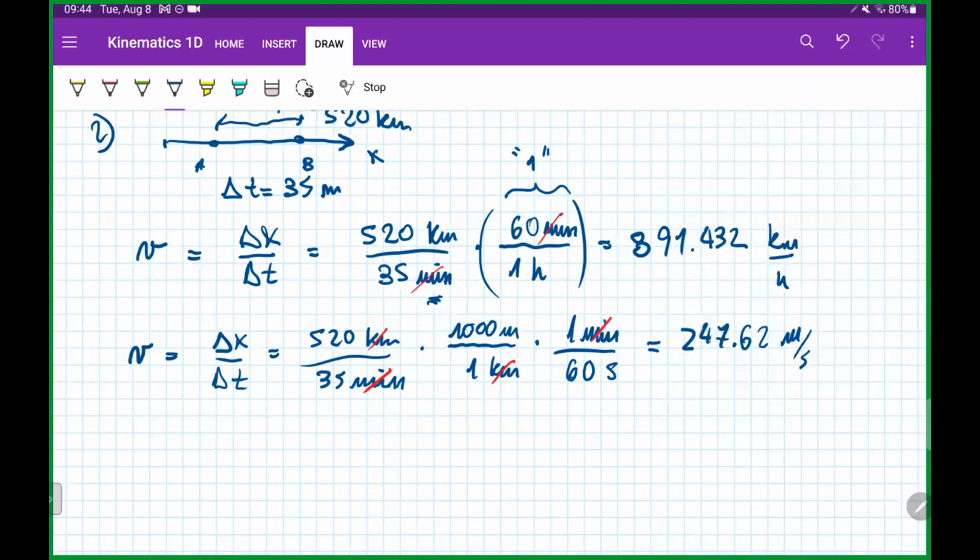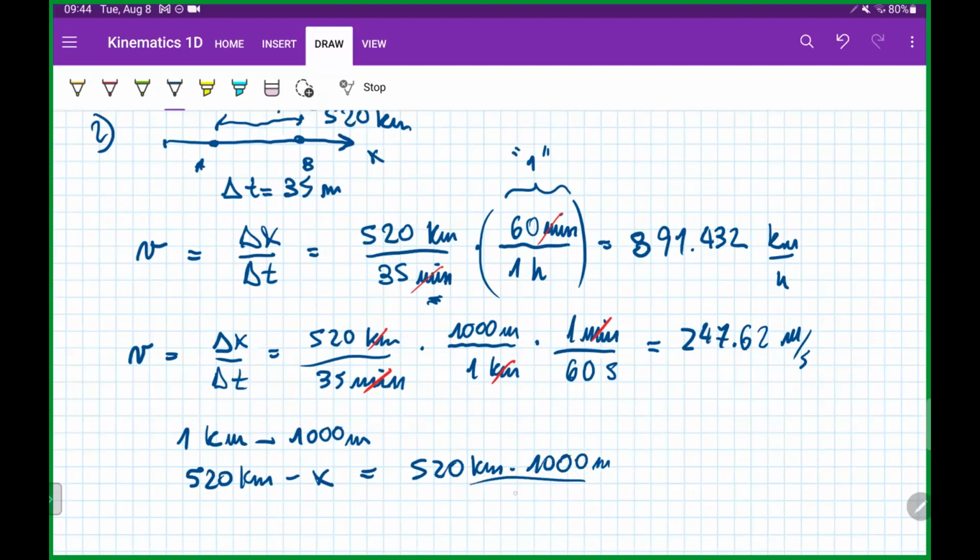If you just want to go step by step, you can do 1 kilometer, 1,000 meters, 520 kilometers, x, and then you calculate 520 kilometers times 1,000 meters, and then you divide by 1 kilometer here.